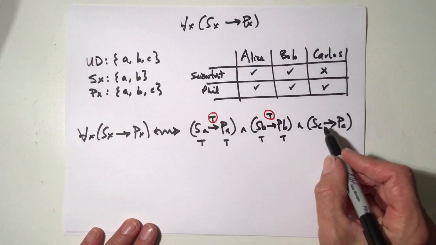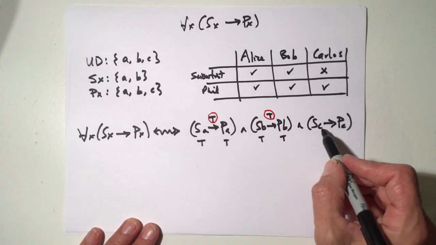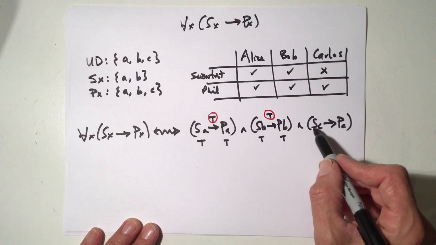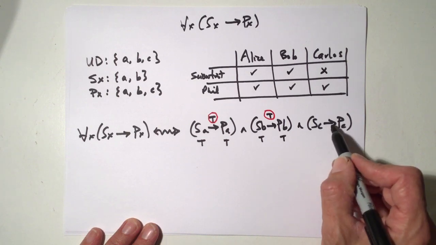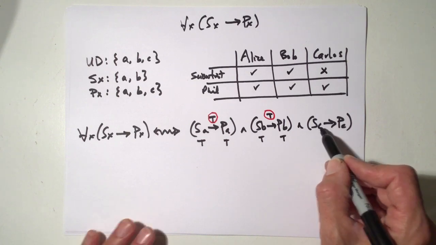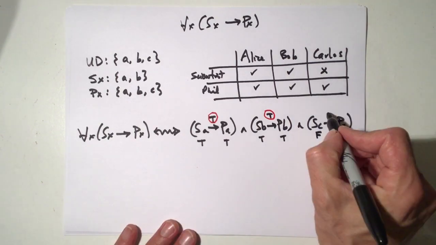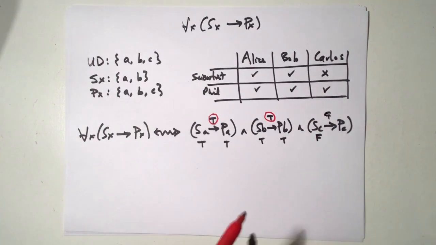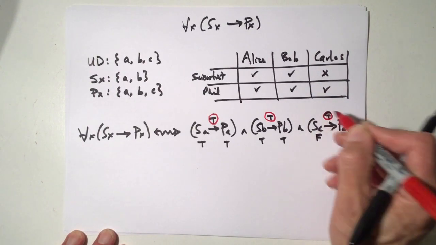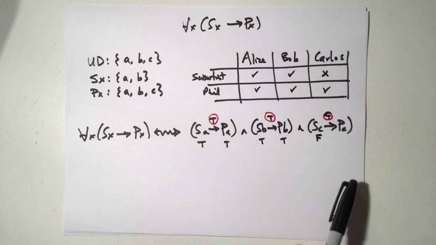And what about the last one? The last one says that if SC, that is, if Carlos is a scientist, then Carlos is a philosopher. Is it true that Carlos is a scientist? No, it's not. That's false. So that automatically makes this material conditional true. So each one of the three conjuncts is true.